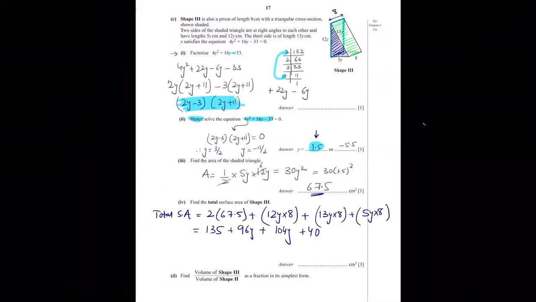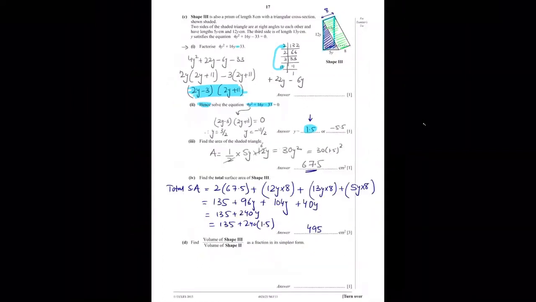So when you add all of these, you are going to get 135 plus 240y, and y is 1.5. So the final answer that you are going to get is 495 centimeters square. That is the total surface area.